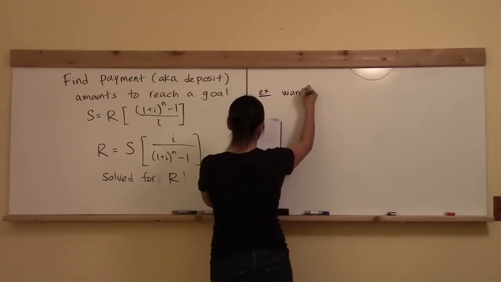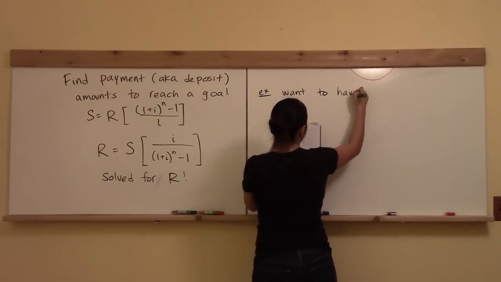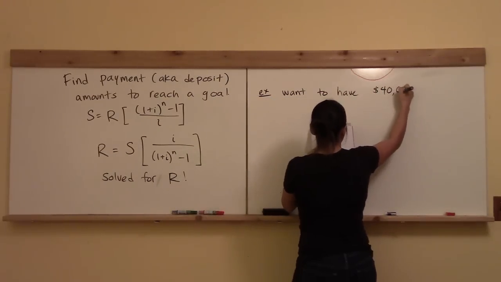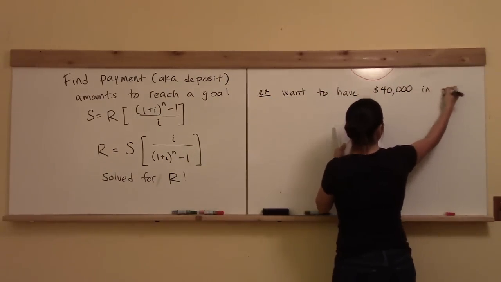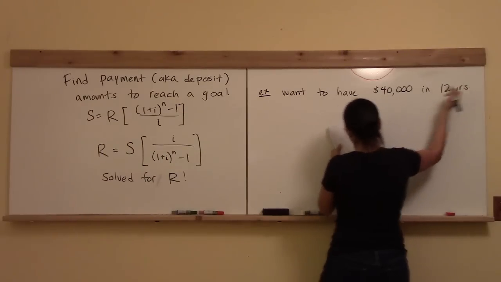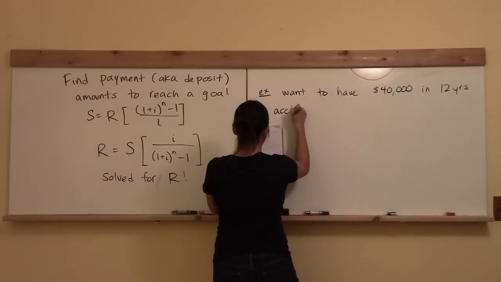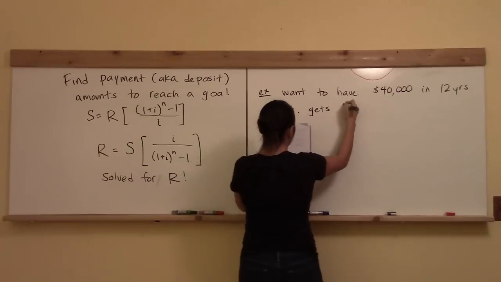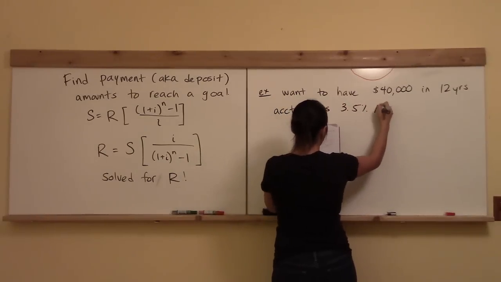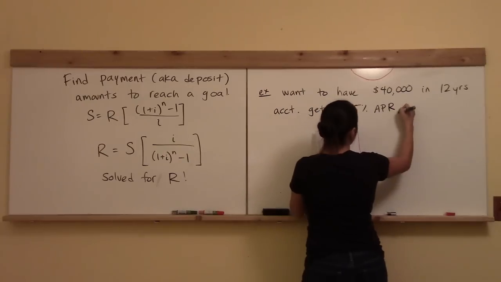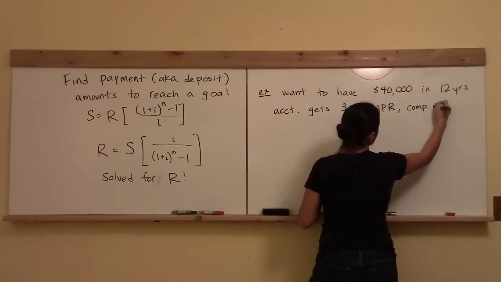Let's say I want to have $40,000 in 12 years, and I have an account that gets 3.5% APR, and that's going to be compounded monthly.